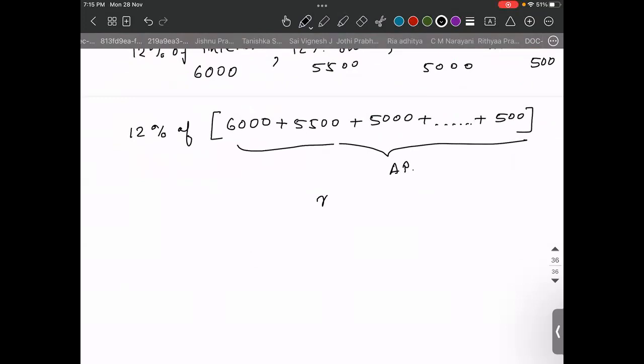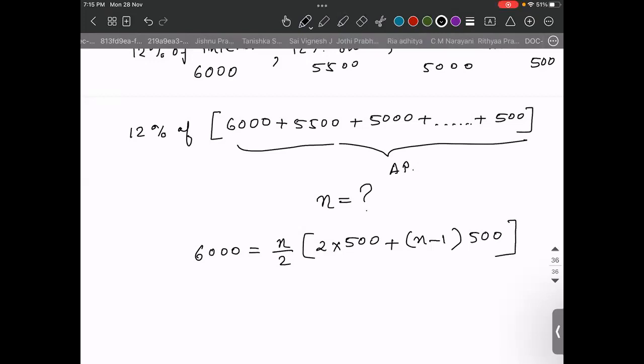What's the value of N here? Nidhi, how do you find N? The total amount, you know, is 6,000, right? N by 2, he starts from how much? 2A plus N minus 1 into the difference. The difference is 500, no?